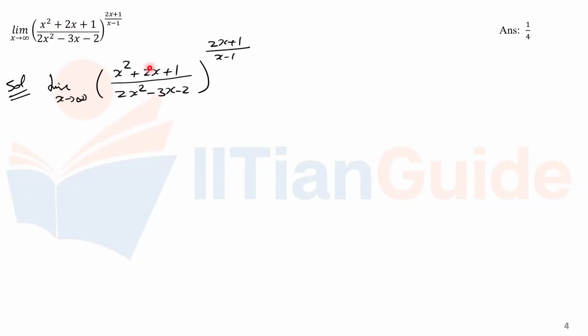The term inside the bracket is infinity by infinity. And the term in the power also, if I put x to be infinity. So the term inside the bracket is making problem and the power term is making problem. Both of the terms are making problem. I will manipulate both of them.